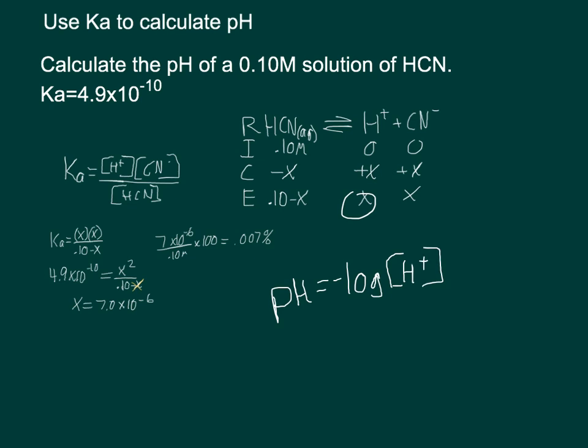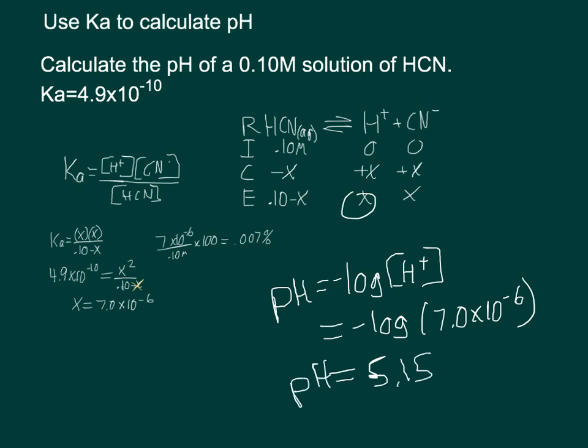In this case, that means the pH is equal to the negative log of 7.0 times 10 to the negative 6, which is equal to 5.15. So there we go. We have a pH of 5.15 as our final answer, and that's how you can use the Ka to calculate the pH.